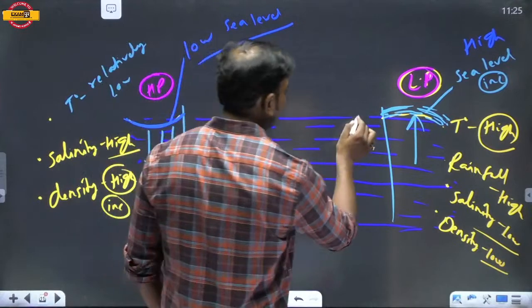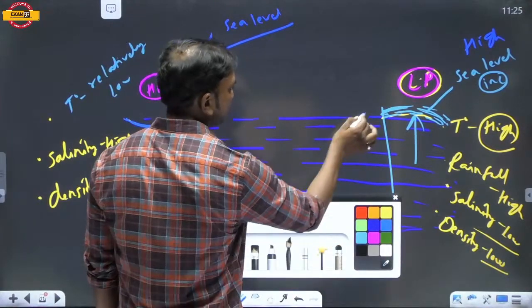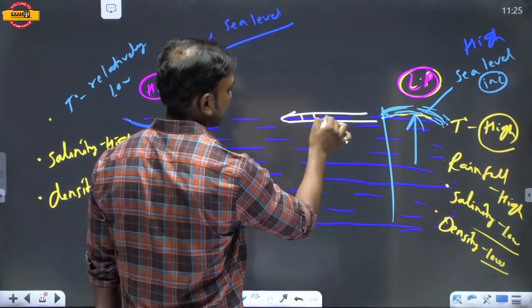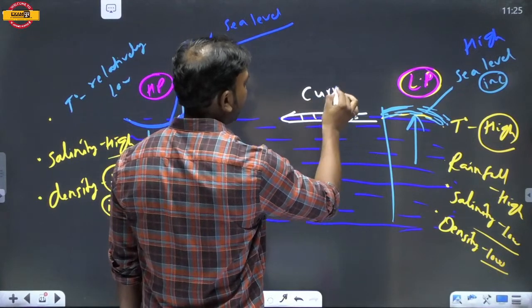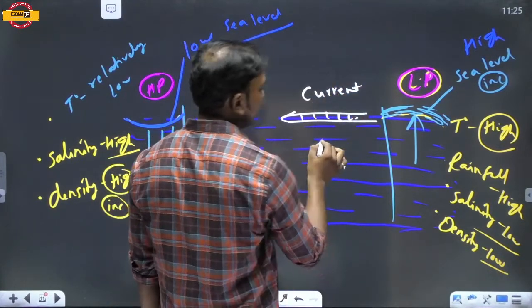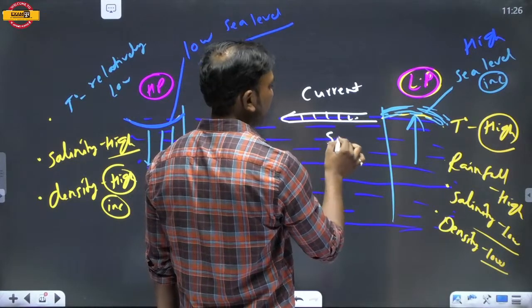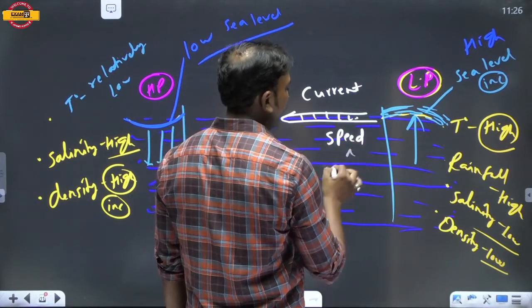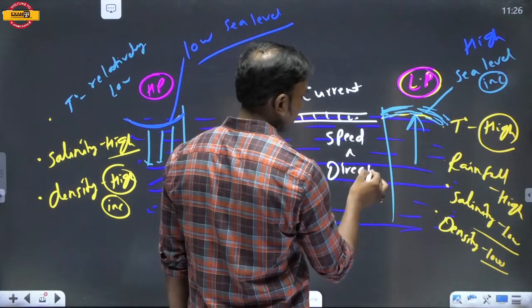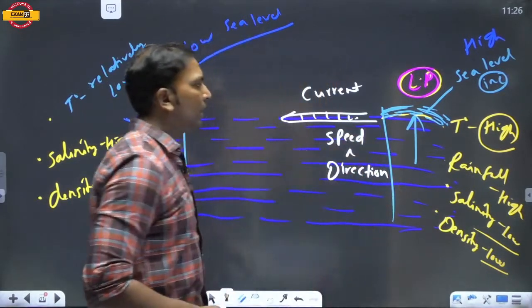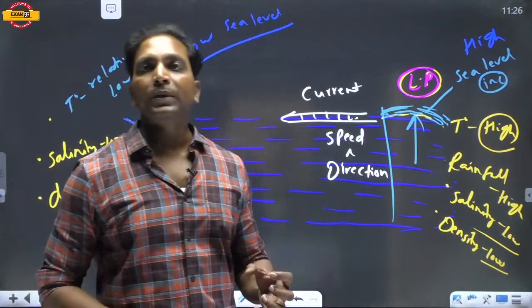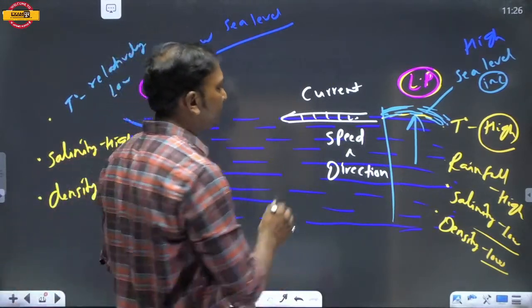So now you see here the current is moving. Here it is the current, and it has speed and direction both.